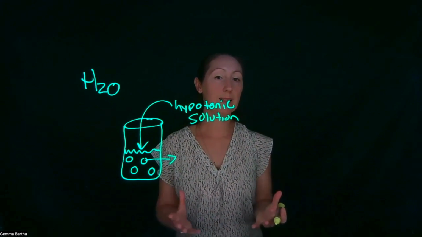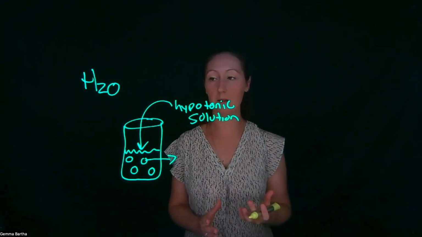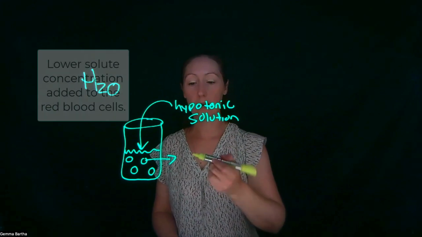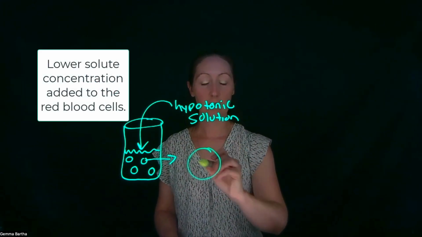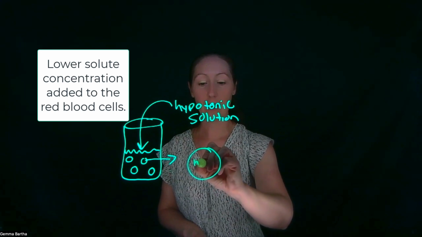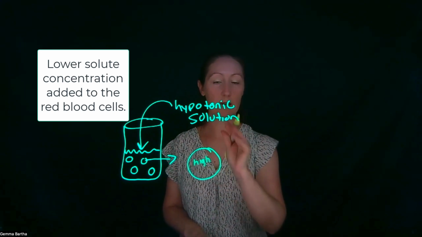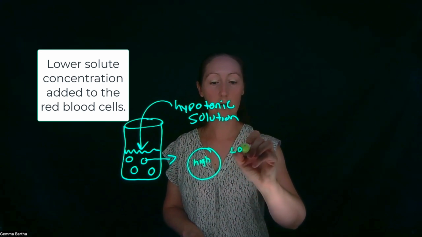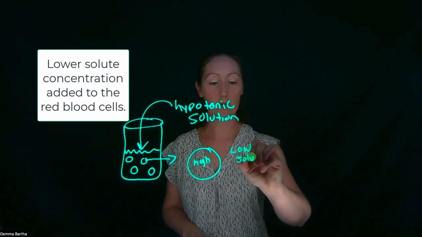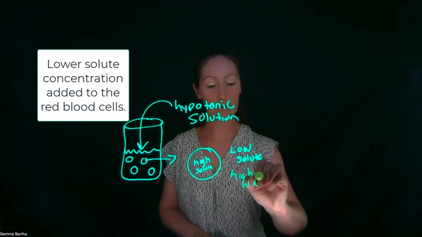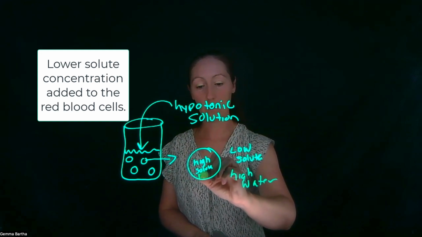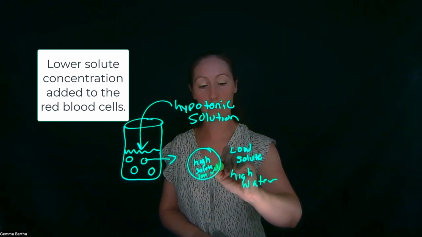Now, an example of a hypotonic solution would be water. All right, so let's say we added water to our red blood cells. We have a higher solute concentration on the inside, so this would be low solute concentration. This would be high water, and this would be low water.